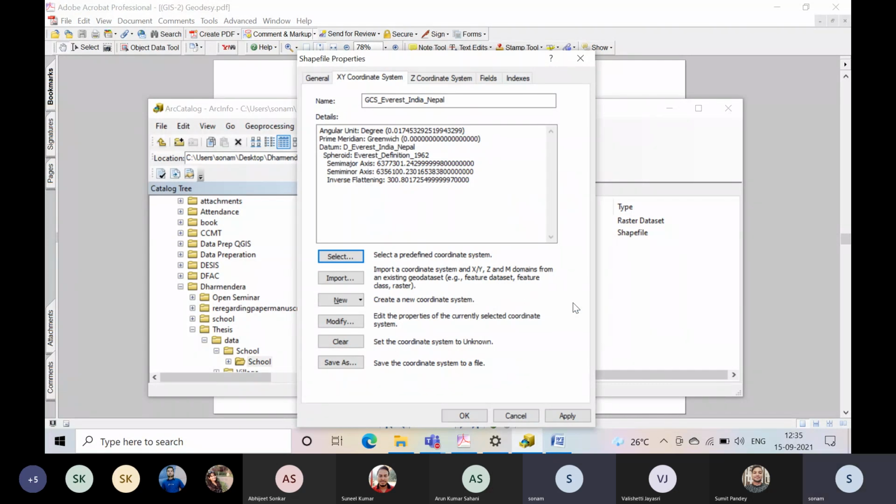Okay. Now you can see, once I have selected the Everest India Nepal, the value of semi-major axis, minor axis, and especially inverse flattening, you can see that earlier the inverse flattening was 298 point something for WGS 1984. But when I select this GCS Everest India Nepal, the values are changing.